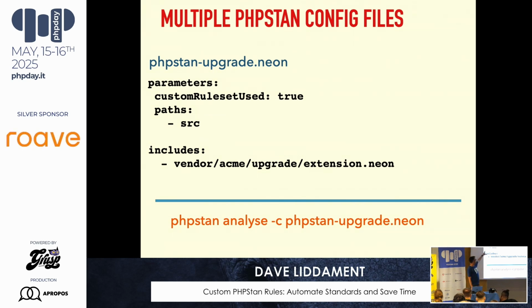We say what path we're interested in, and then we link to the extension that we've just created. And we can run this separately by just using -c and then the name of the config file. So this is quite a neat way of separating out the tasks of doing the upgrade from run-of-the-mill normal development. And you'd only do that if the project was big enough.